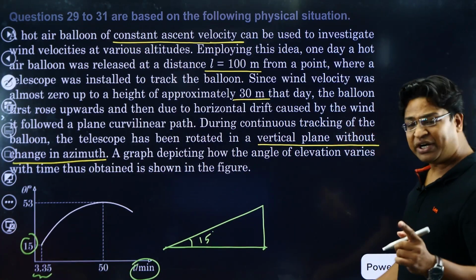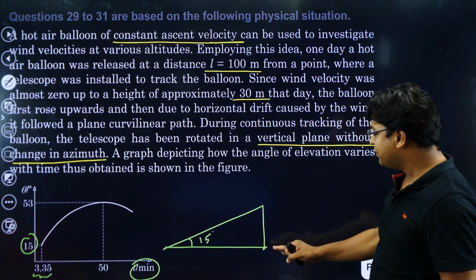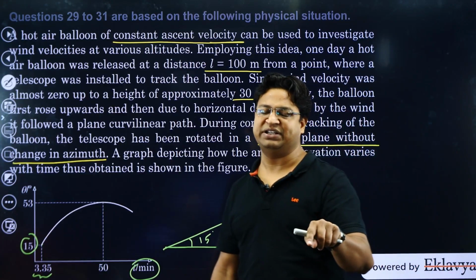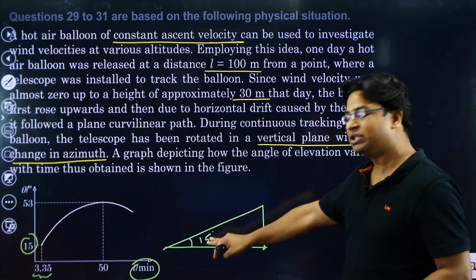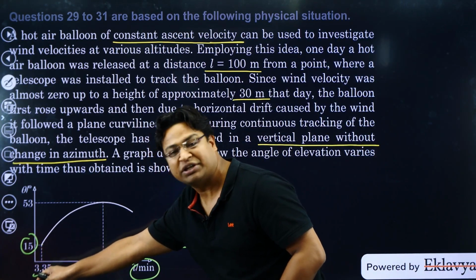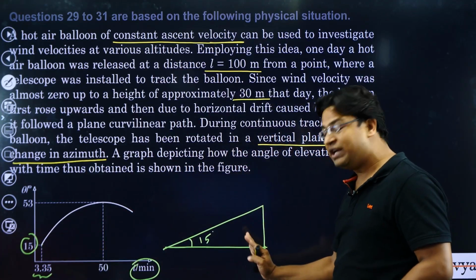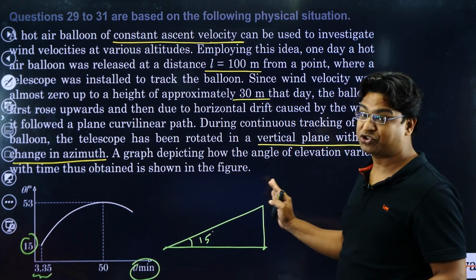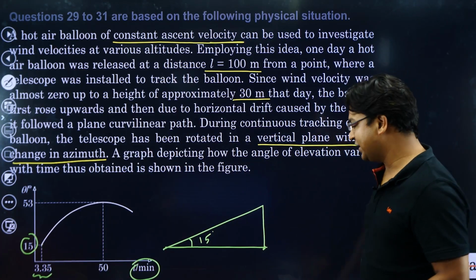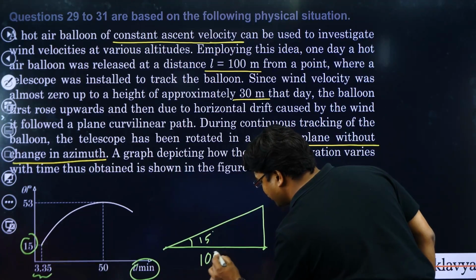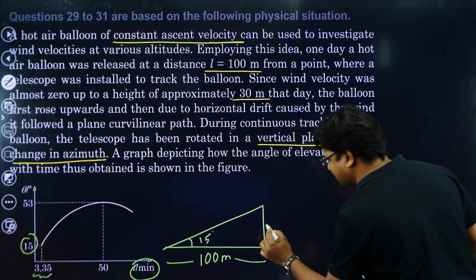And we have already checked that it will start drifting after 17 minutes. So at this particular point, after 3.35 minutes, the balloon was still in its vertical climb only. It was not drifting, that is for sure, which basically means that this distance is surely 100 meters. This distance, let us call it y.